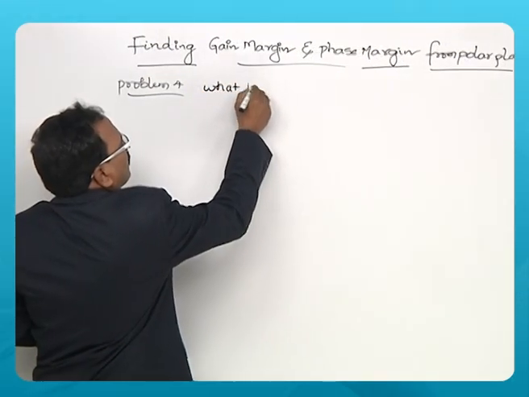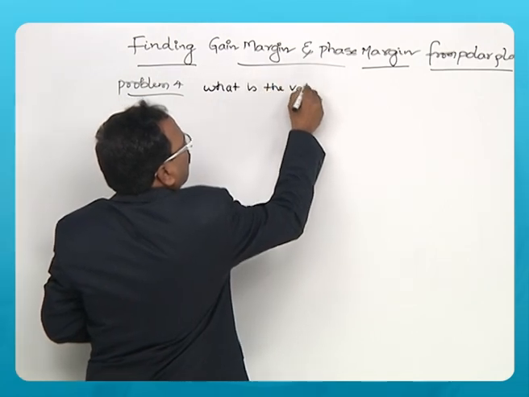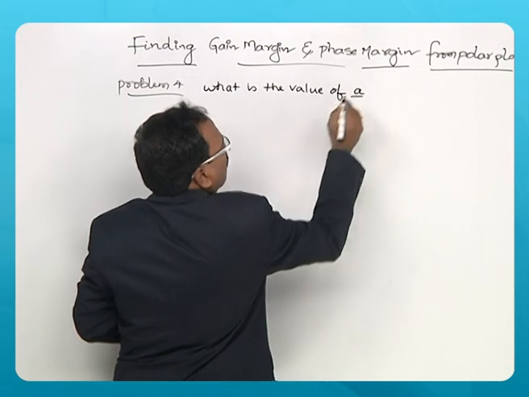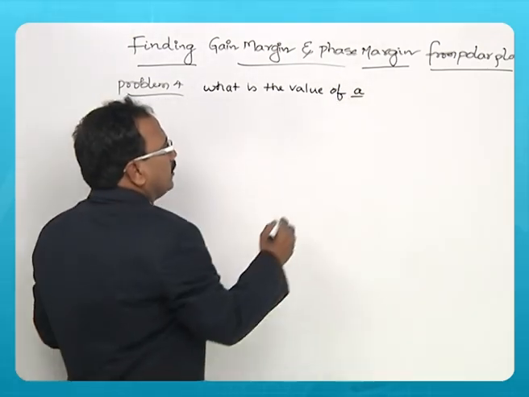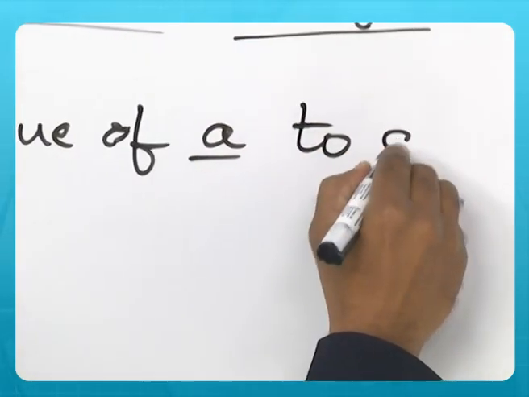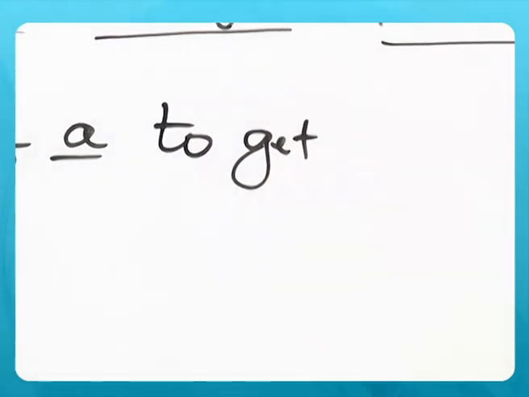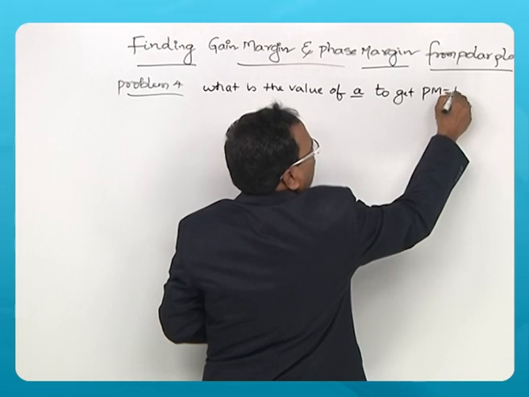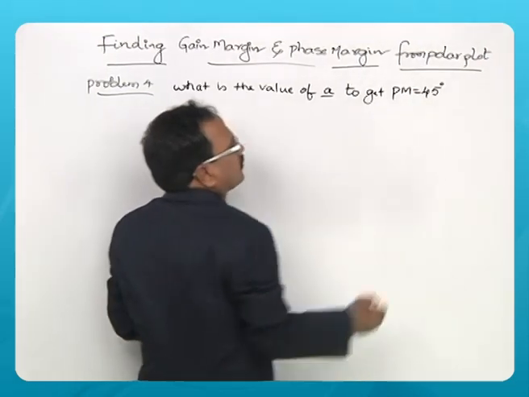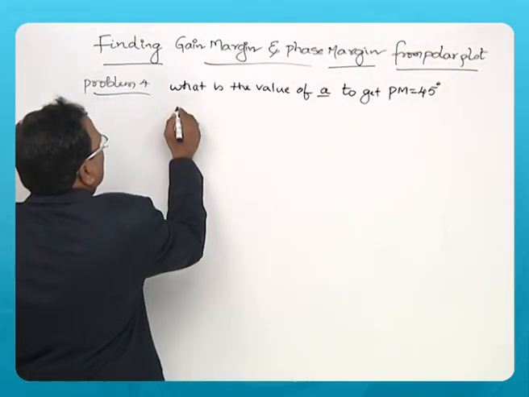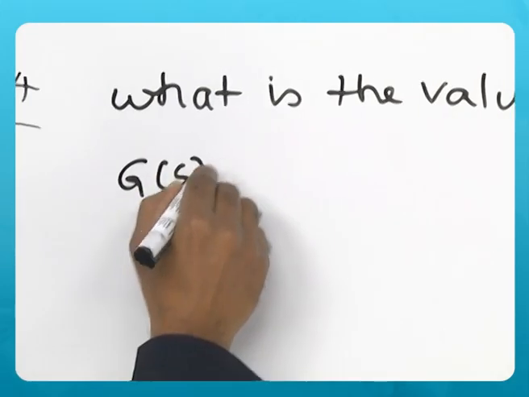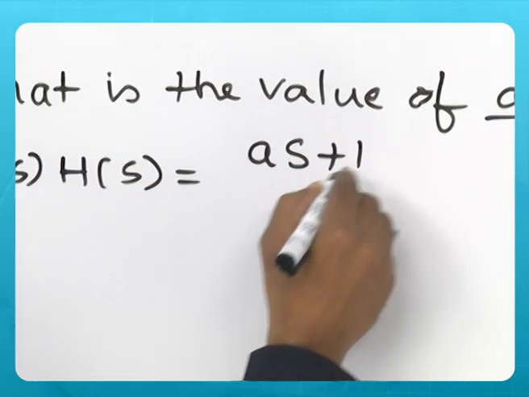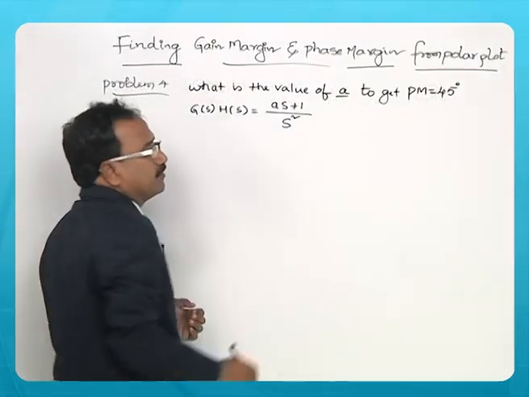What is the value of A to get the phase margin of 45 degrees, whose G(s) H(s) is given by (as plus 1) by s square.